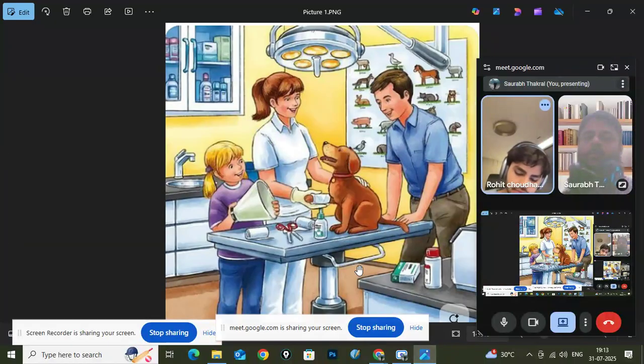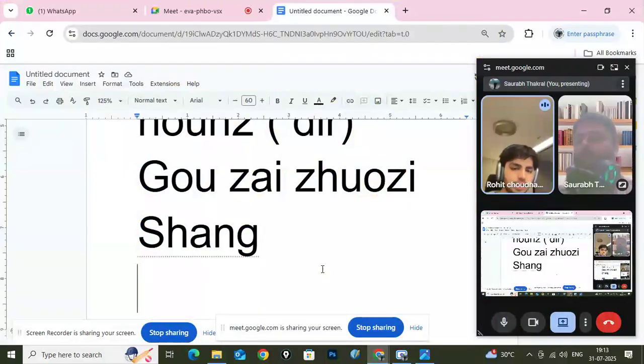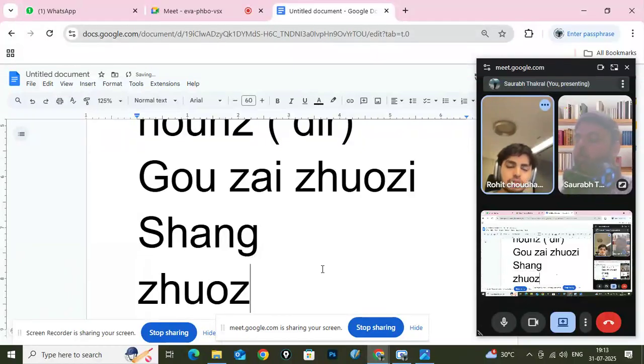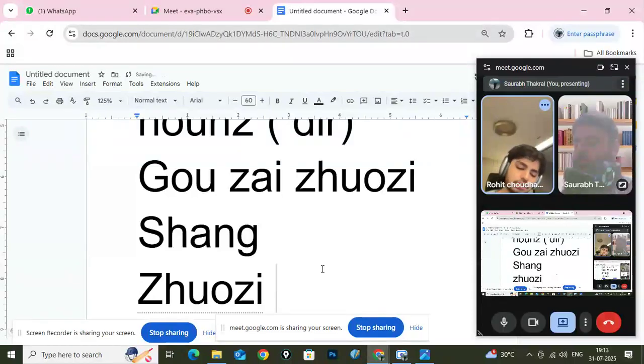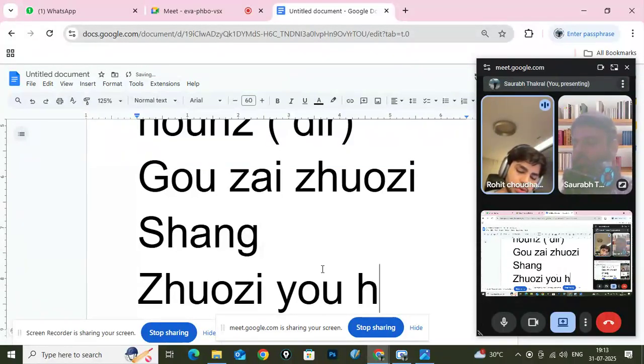Okay. Then we can also say table has many things. This table has many things. Many is duo, duoshao.